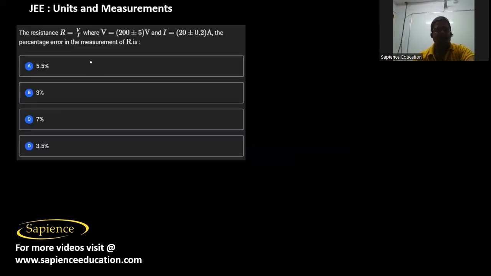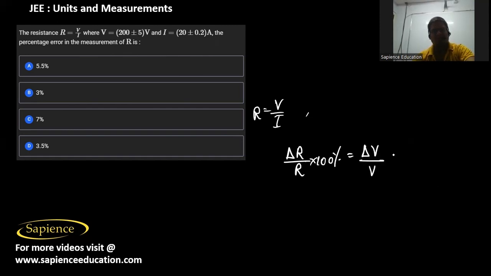Then here it is told the resistance R equals V by I, which is Ohm's law, where V equals 200 plus or minus 5 volts and I equals 20 plus or minus 0.2 ampere. The percentage error in the measurement of R is? That will be equal to delta V by V into 100% plus delta I by I into 100%.